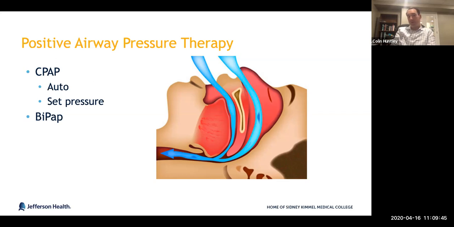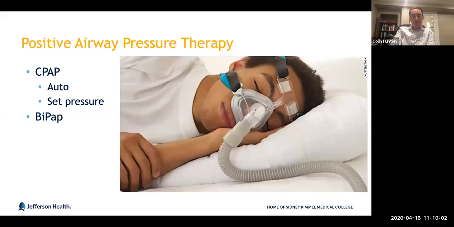BiPAP is bilevel, meaning high inspiratory pressure, low expiratory pressure. In terms of obstructive sleep apnea in isolation, this can be more comfortable for some patients. It's also used in patients who have other pulmonary comorbidities to help with ventilation. So there's a number of different masks, and for the patients who tolerate this well, it works very well.